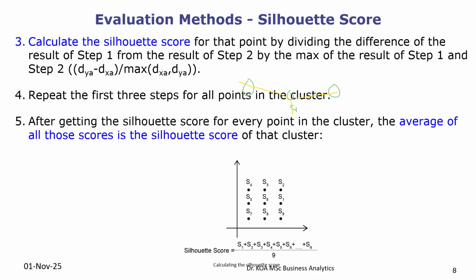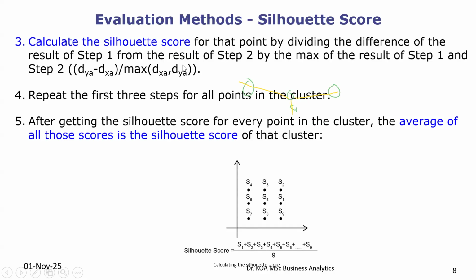And then you repeat the process, 3 steps. You calculate the silhouette score for that particular point by dividing the difference between step 1 and the result of step 2. So basically, the distance between A for Y and A for X, and then the maximum distance.